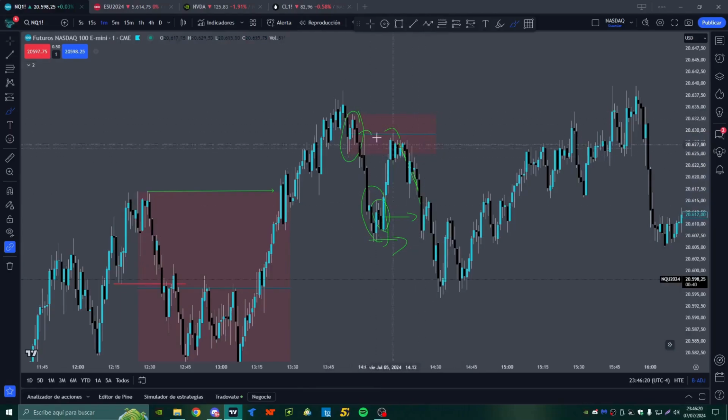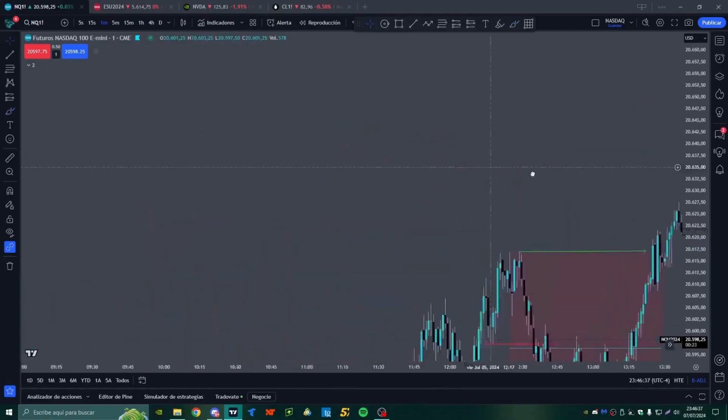Well, the understanding of order flow will make you know when to avoid taking trades from certain areas, when to have a certain expectation of what the market is going to do, at least up to a certain point, and you will know how to identify false structure changes and all that.